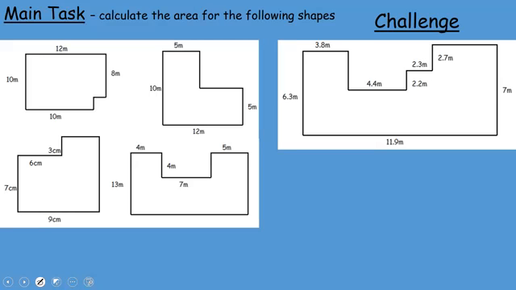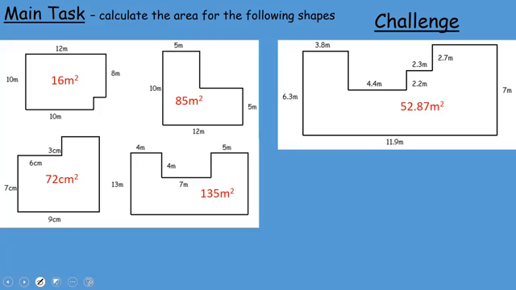So pause while you're working on them. Welcome back. So let's have a look at our answers. If you did manage to get that challenge question done, really well done.